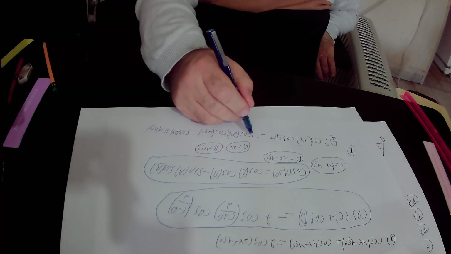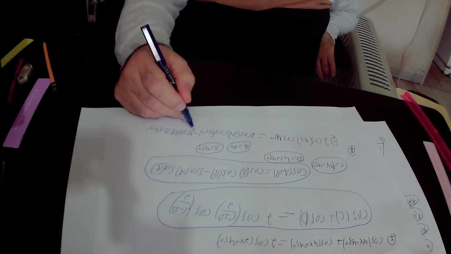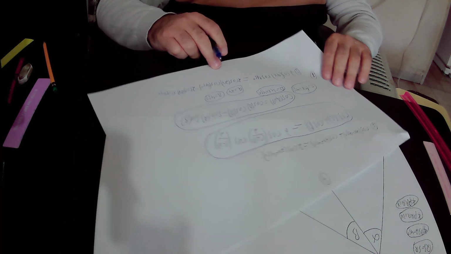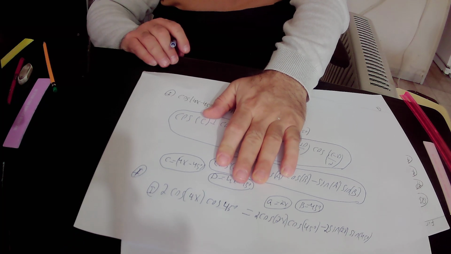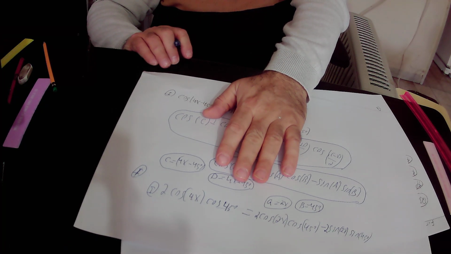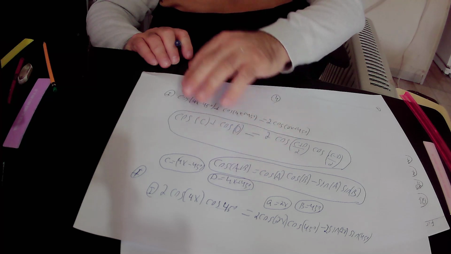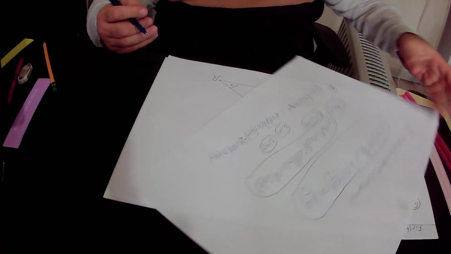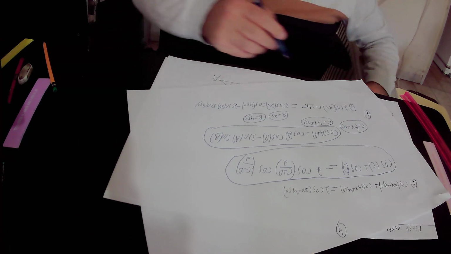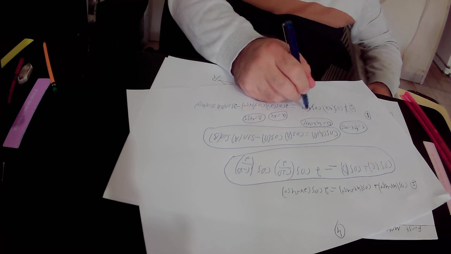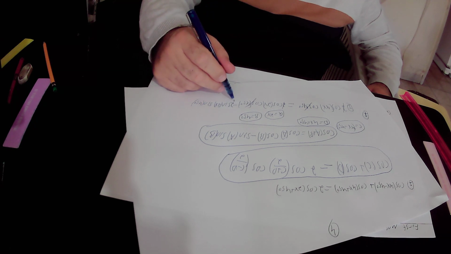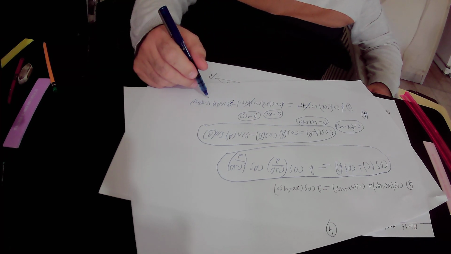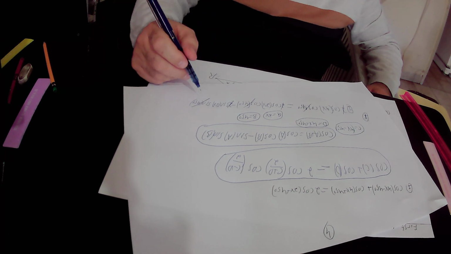So we actually can divide this equation number 1 by 2 cosine 45 degrees. Again, sine 45 degrees equals cosine 45 degrees.